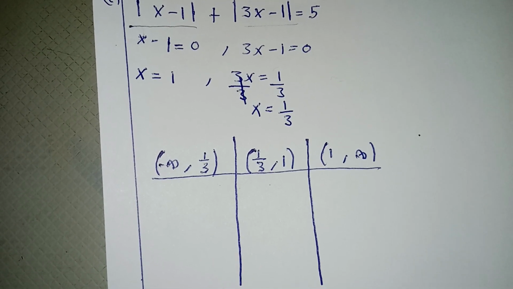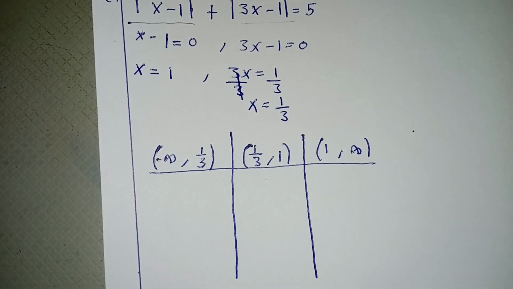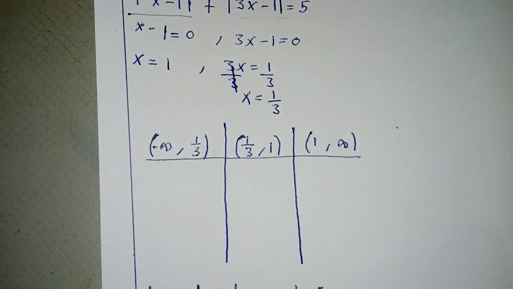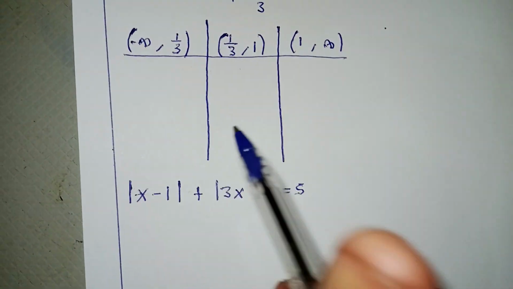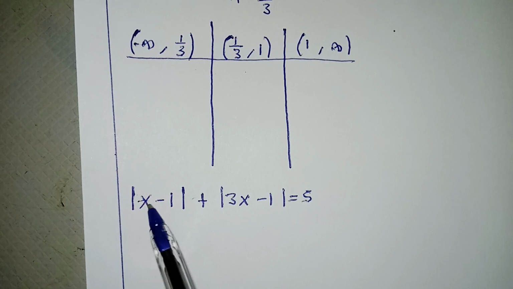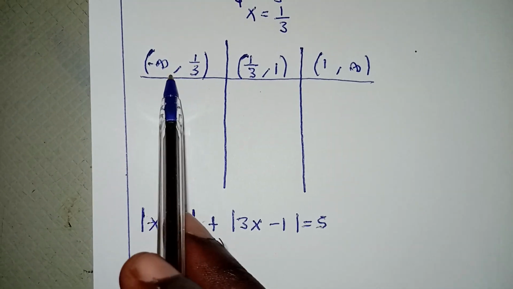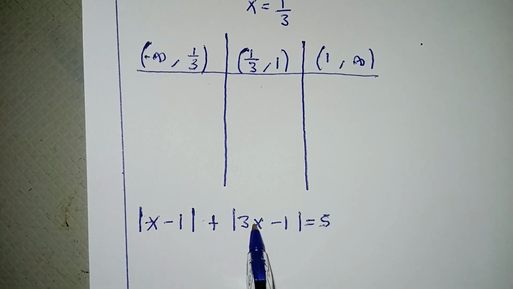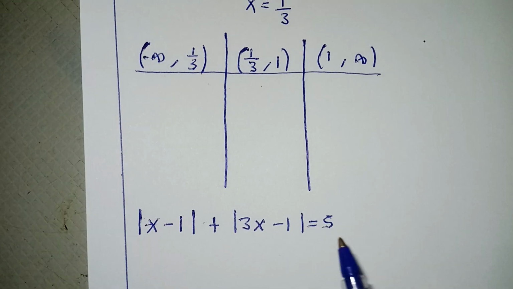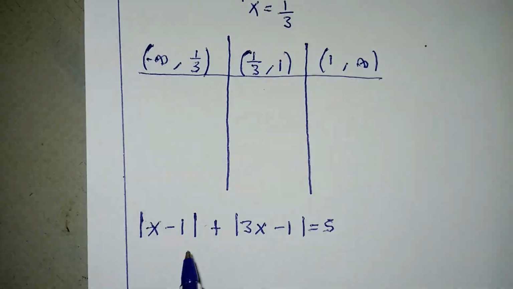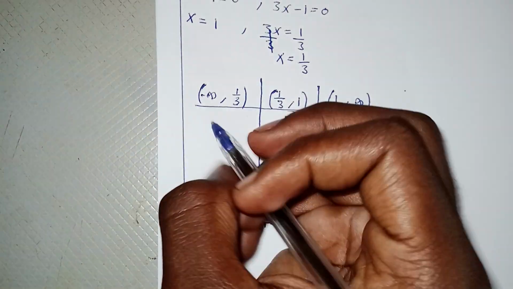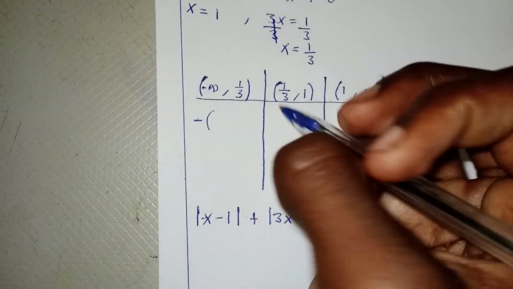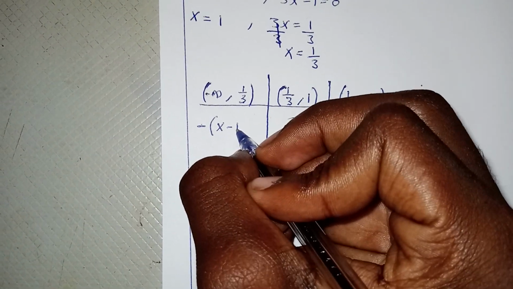And at the same time, if you put that number in here, this will still be negative. If you put a big negative number between this interval, for example negative 3, this will be negative. If we put negative 3 here, this will still be negative. So therefore, you're going to have a negative x minus 1, like this.